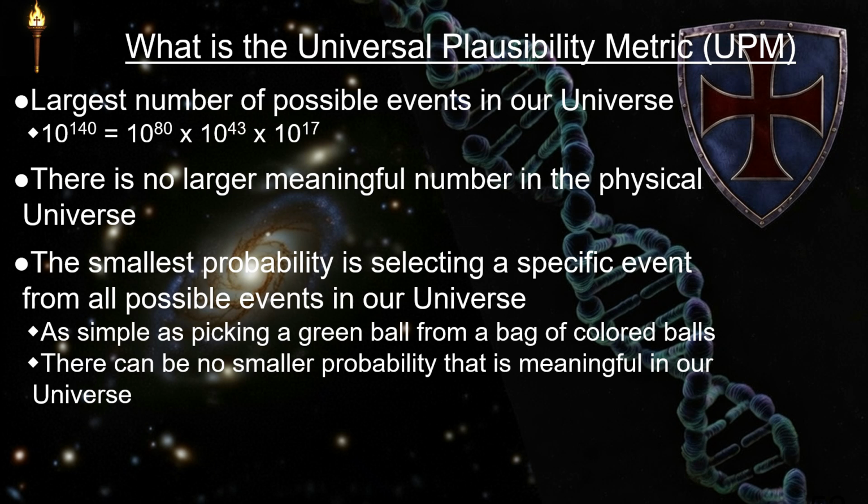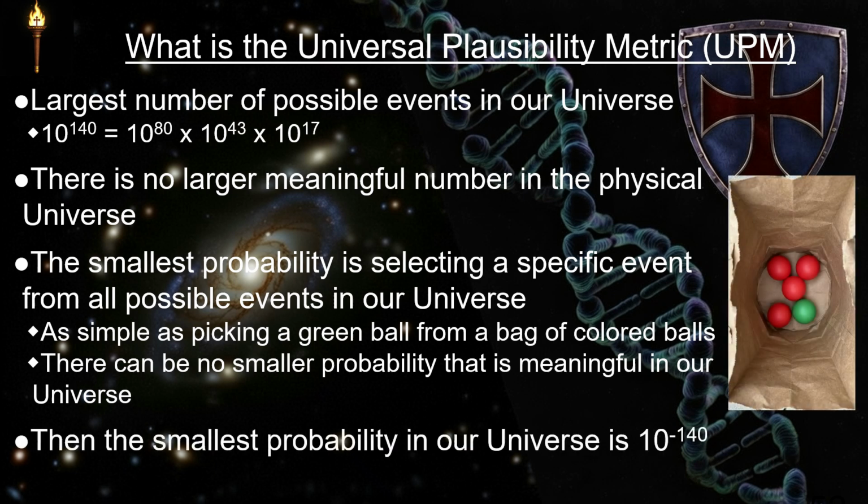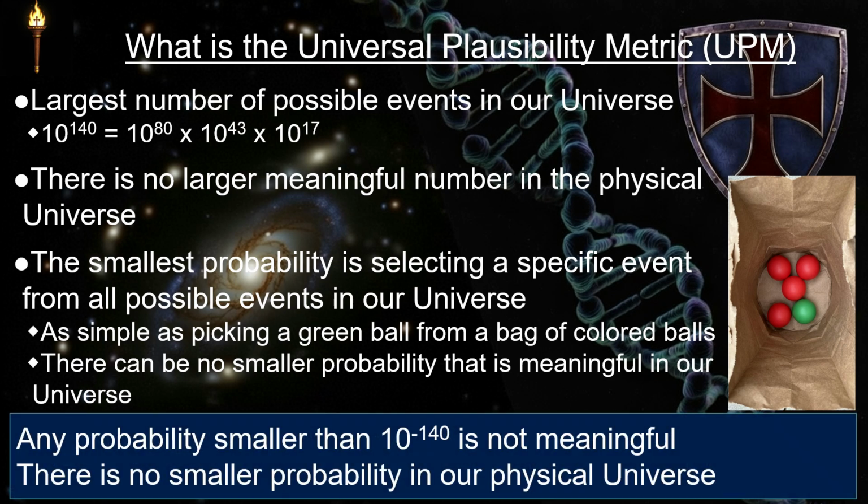If we were to take an event of a transition that happened at Planck time rate and mark it with an X, and then we had the opportunity to select any event from any atom throughout all time, picking that one event out of all of those possibilities gives us our probability. So the smallest probability our universe can measure is 10 to the negative 140. There is no smaller probability in our physical universe.